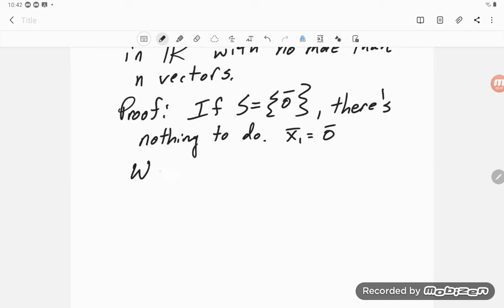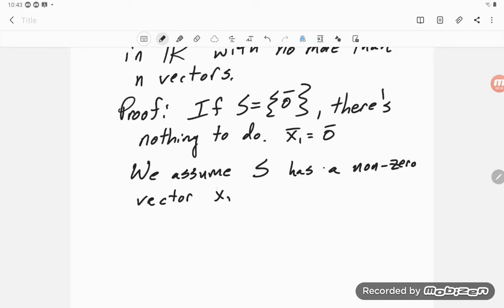Okay, so therefore, after that, we assume S has, they say, a non-zero, I would probably say at least one, but anyway, a non-zero vector x1.